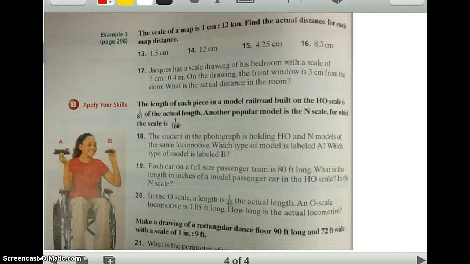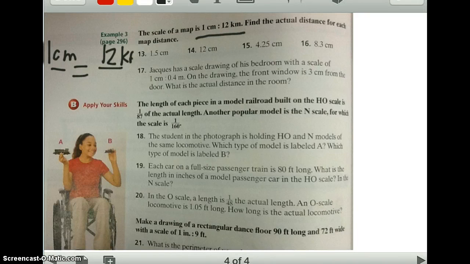All right, so these next ones, 13 through 16, I'm going to set up one, and I think if I set up one for you, you should be okay with the rest. Here's what it says. It says a map is 1 centimeter to 12 kilometers. Do you want to set that up and down or side to side? Because I see it on the paper side to side, I'm going to go that way. So 1 centimeter here, 12 kilometers here.